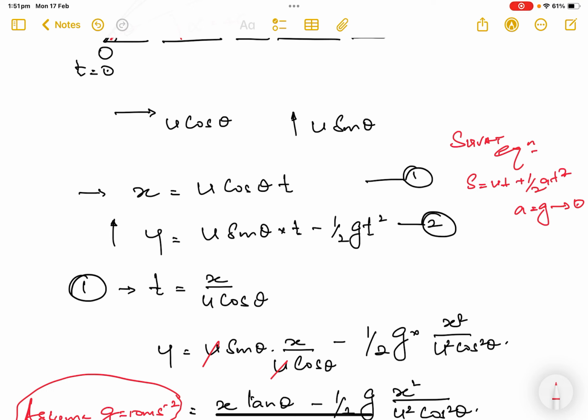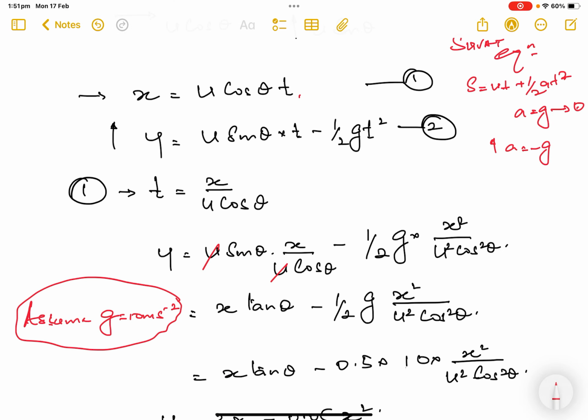So s is x, the horizontal distance: x equals u cos theta times t. And then the same equation, s equals ut plus half at squared, but in this direction a equals minus g. So y, the vertical distance, equals u sin theta times t minus half gt squared.